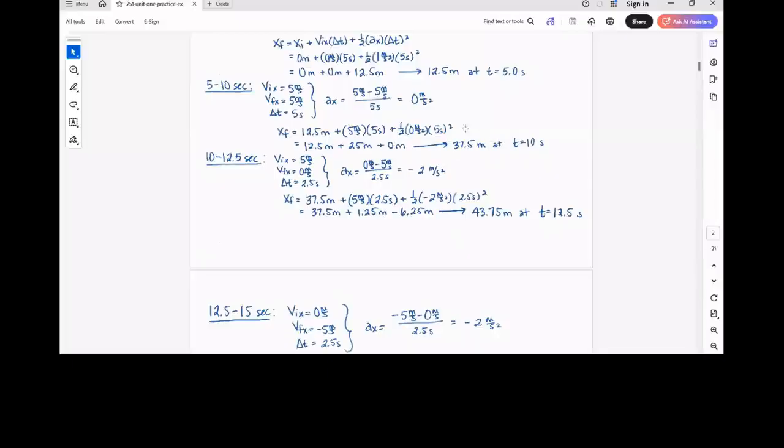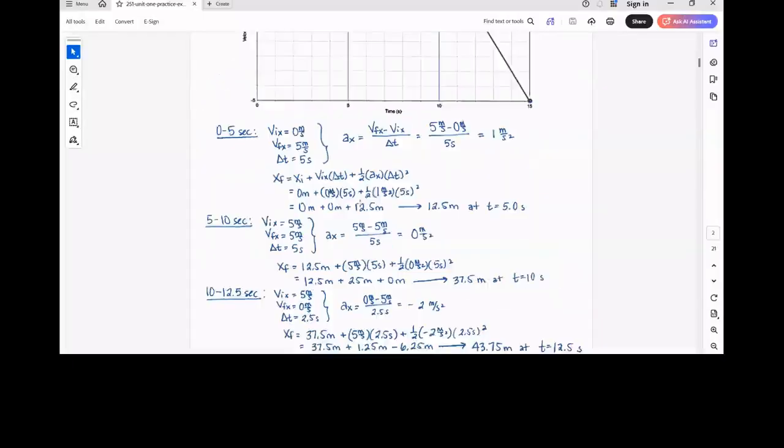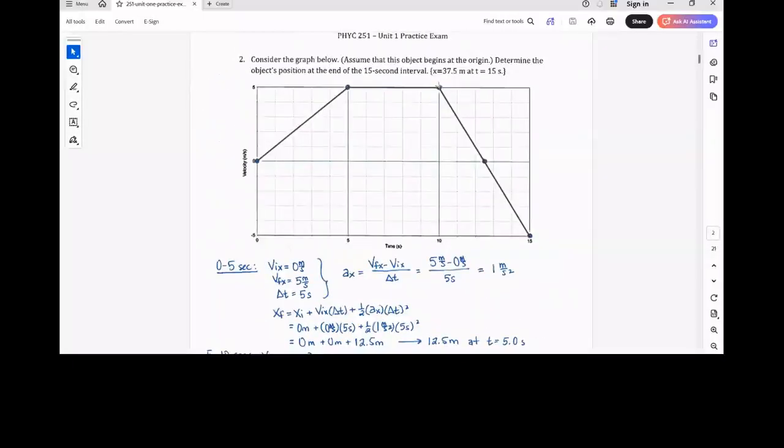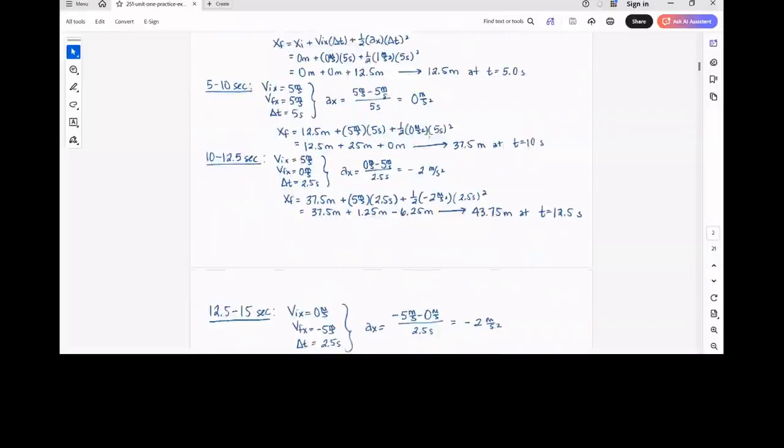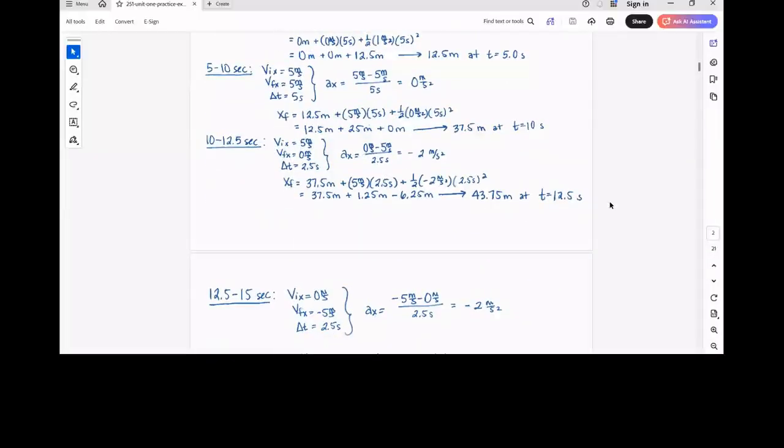I can take the final position from my previous example and make that the initial position of this step. And I can take the initial velocity at 10 seconds, which is still positive 5 meters per second. And what I find is that at 12.5 seconds, this object is at a position of 43.75 meters.